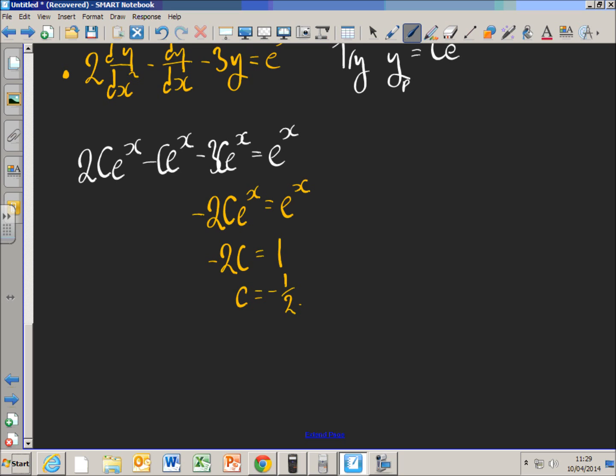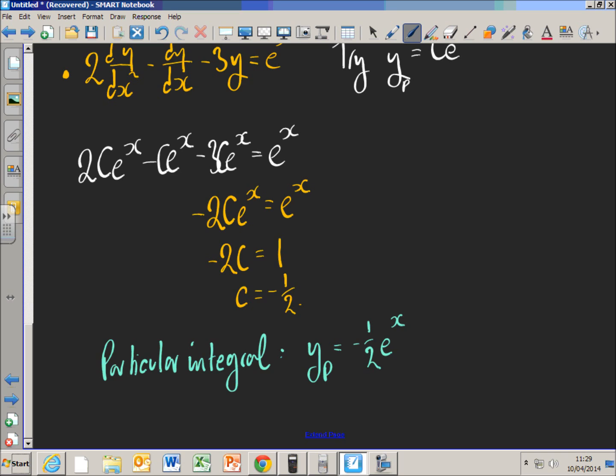And so I get my particular integral then. y_p equals, what was it? Minus a half e to the x. Now we know what c is.